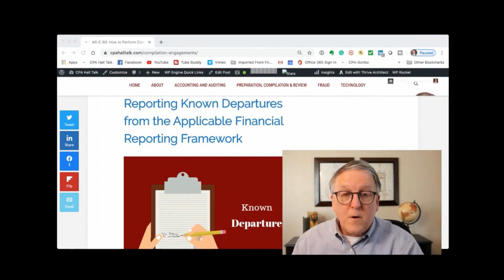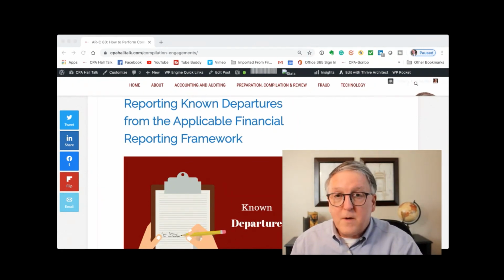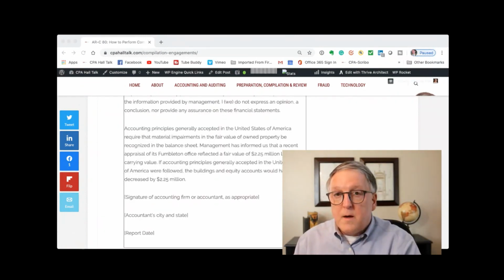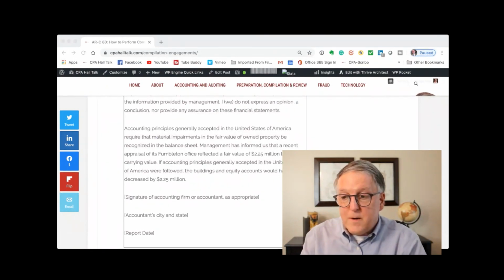Sometimes there are known departures in the financial statements, and it is permissible for you to issue the compilation report provided you provide the additional language that specifies that departure from the reporting basis. And that language might look like what you see on the screen, and I'll quickly go through this.